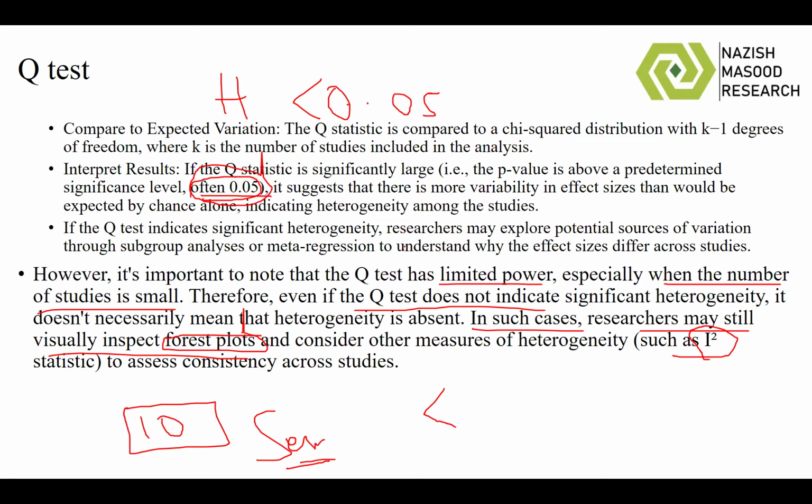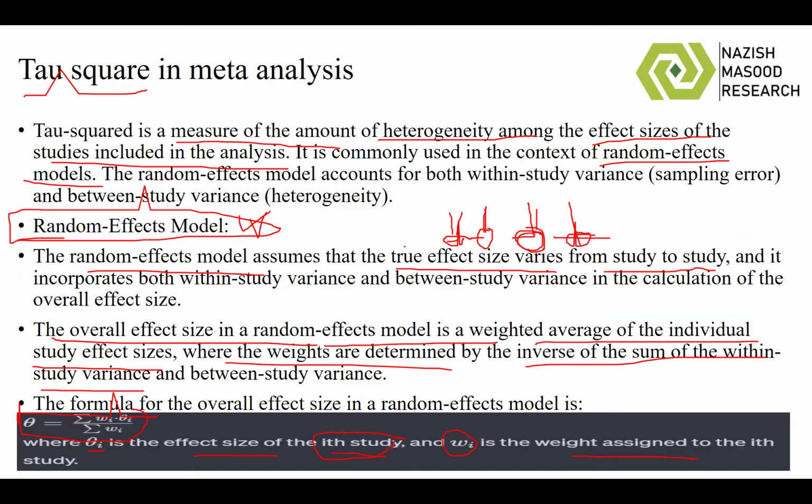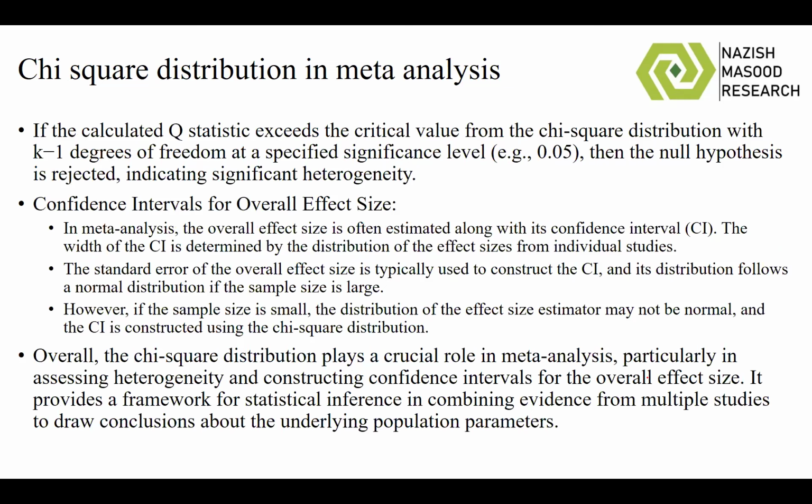So I stand corrected. Initially, what I had said was the exact opposite of this, just to give you clarity. Because we are applying the chi-square distribution, the null hypothesis means that there is no significant difference in the effect sizes, and the alternate says that there is significant heterogeneity in the overall effect sizes. With that being said, the overall theory is the same as what we have discussed up till now. And we use the degrees of freedom whenever we are using the chi-square distribution.